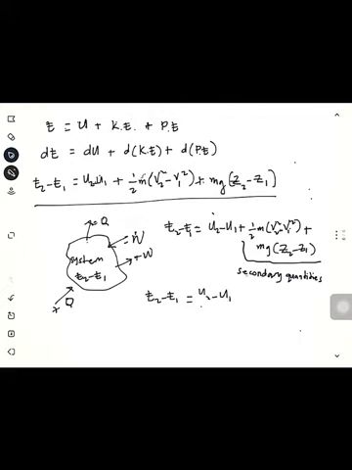So the Q from 1 to 2 is equivalent to U2 minus U1 plus work 1 to 2.